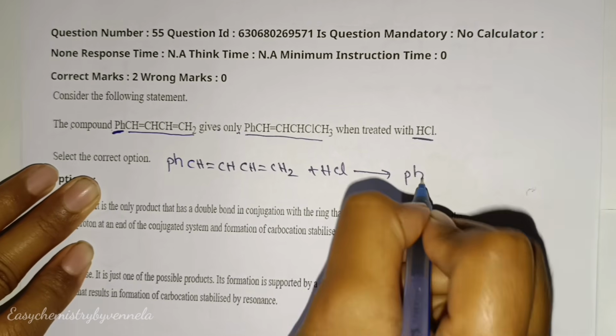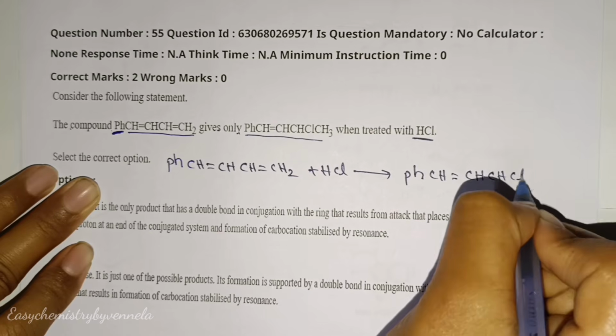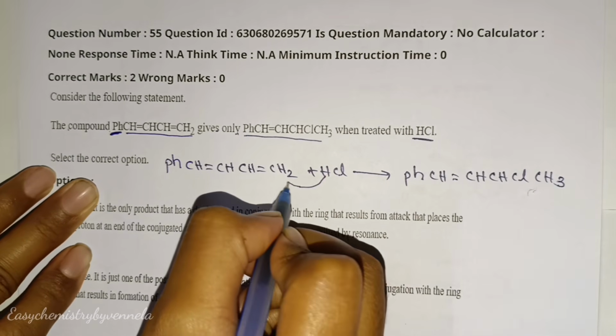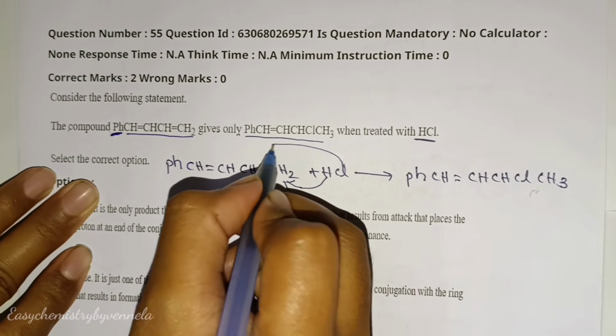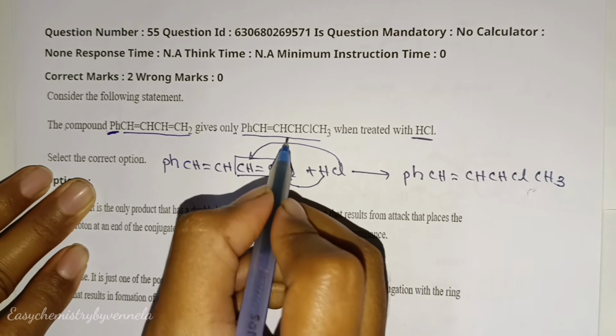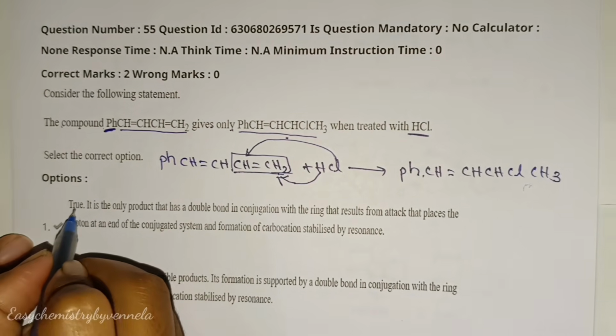It forms the phenyl double bond here CH, and CH3. Here proton is added here and negative part this one in the conjugated double bond. So that is why this is the clear product.